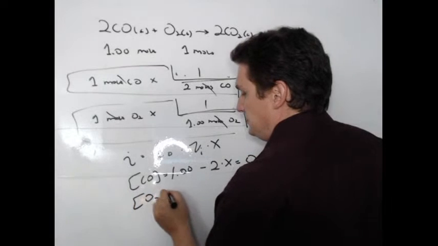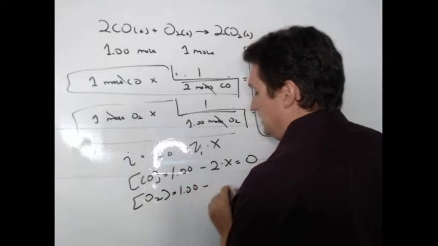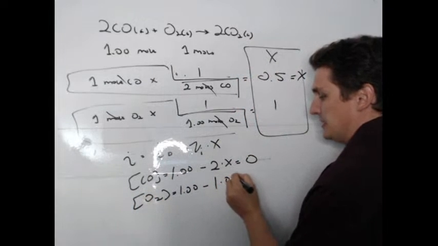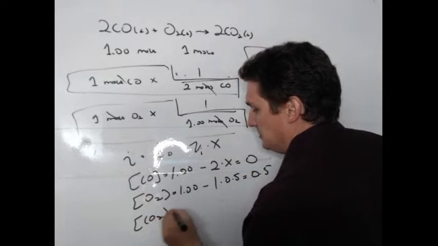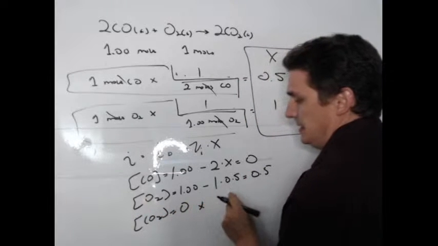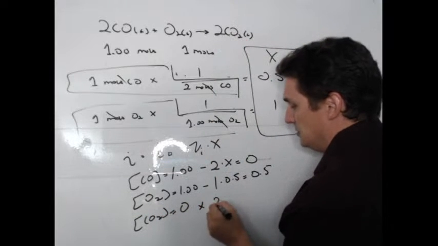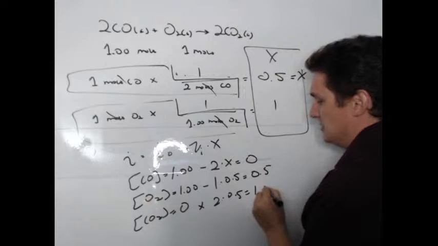For O2, we start with 1, its coefficient is 1, we multiply by X, which is 0.5, we get 0.5. For CO2, we start out with none. It's a product. Its coefficient is 2 times 0.5 gives us 1 mole of CO2.